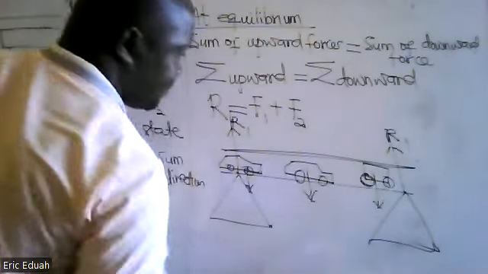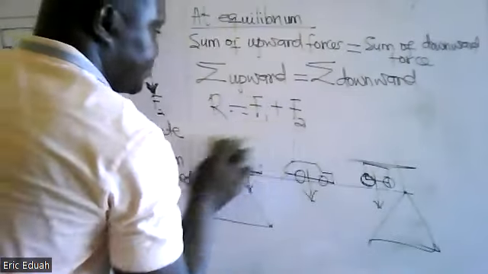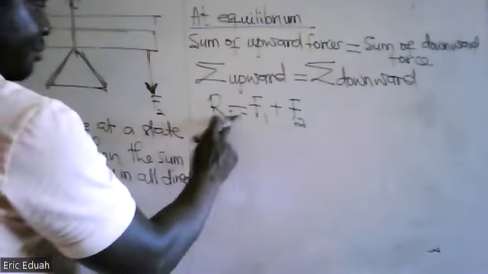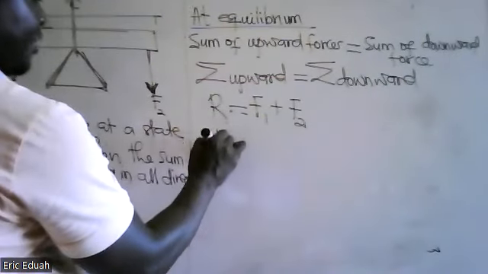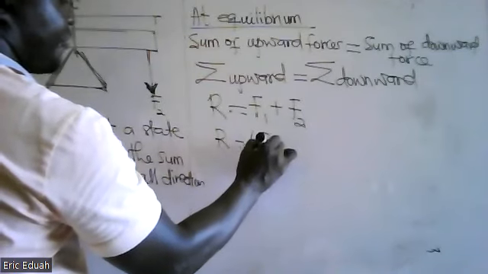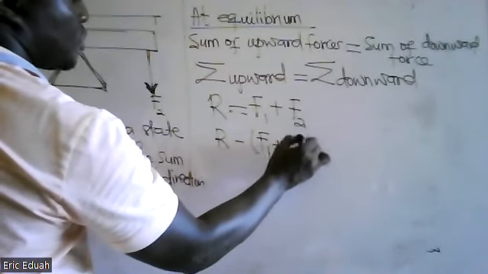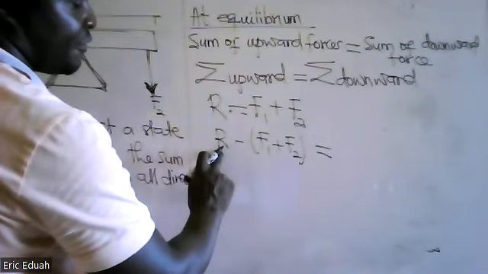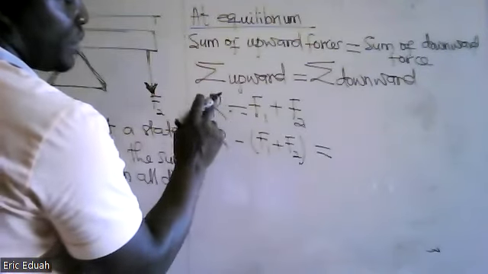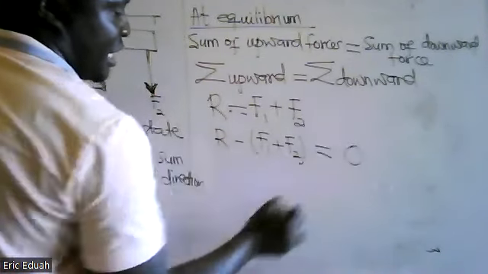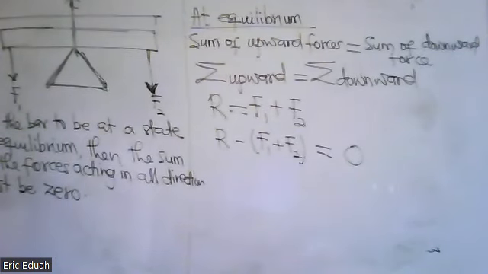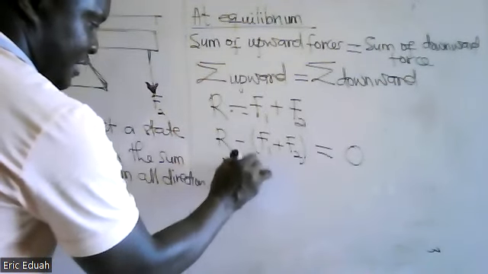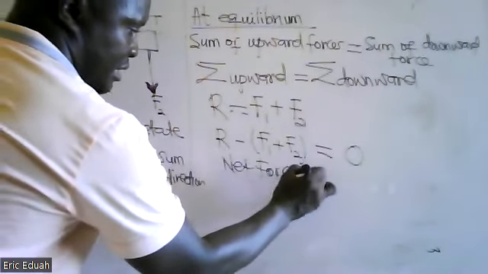If I should clean this, I said R must be equal to this. So if I have R minus F1 plus F2, what am I calculating for? This is the net between R and this. And if it's 0, then the system is at equilibrium. It means that the net force is equal to 0.